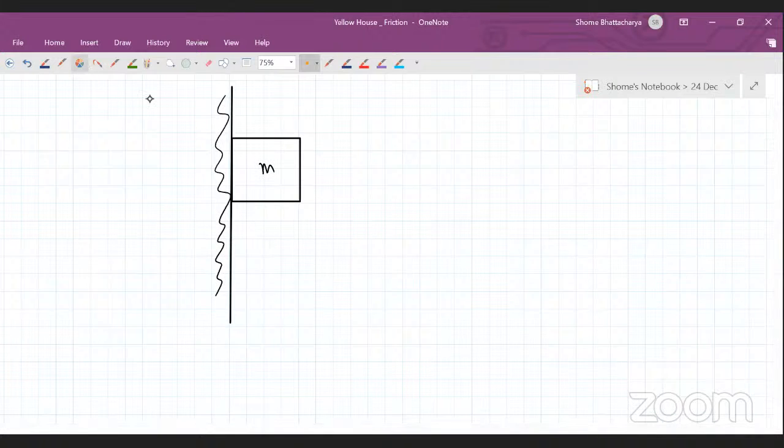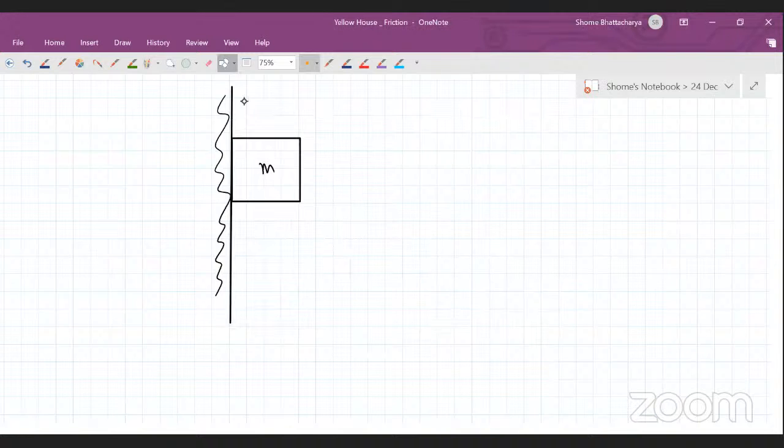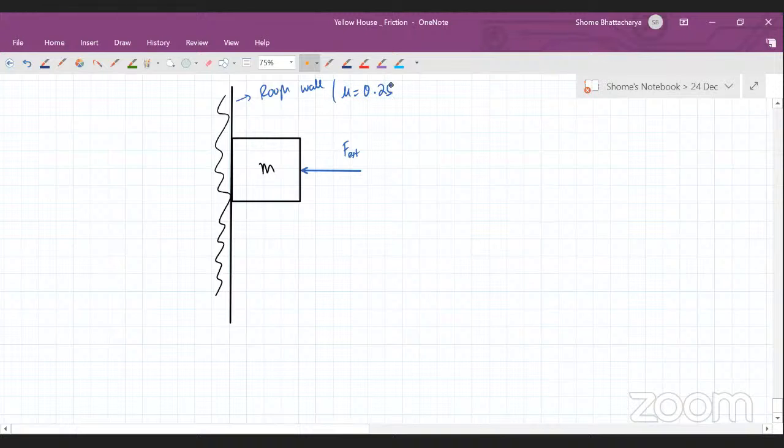And to keep it from falling, we are pressing it with a force like this, an external force into the wall. So this is a rough wall which has a coefficient of friction given to us as 0.25.